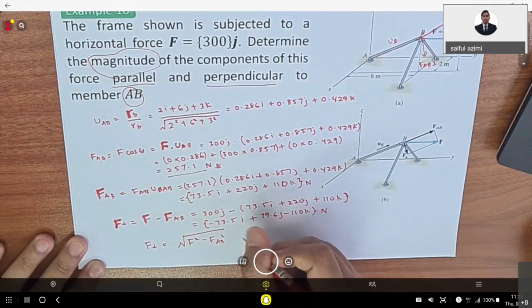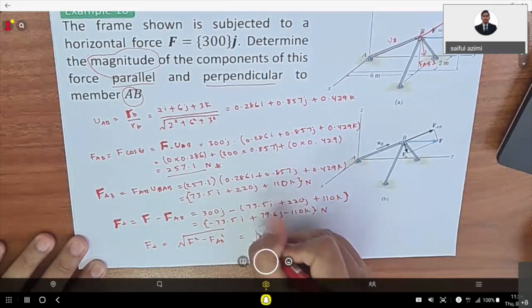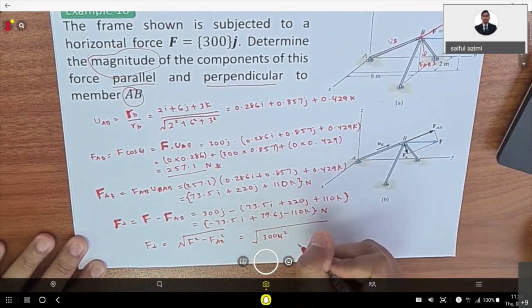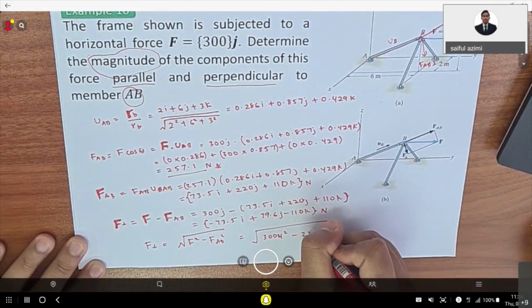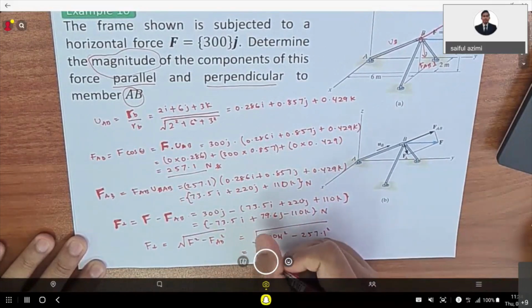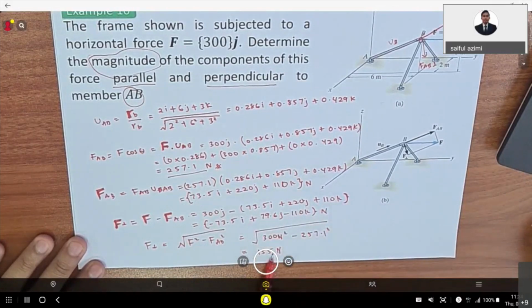So you can have either way. You will get the square root of 300 Newton squared minus 257.1 squared, and then you will get the answer of 155 Newton. So either you can find the magnitude from here, or you can just use the magnitude that you already found here.